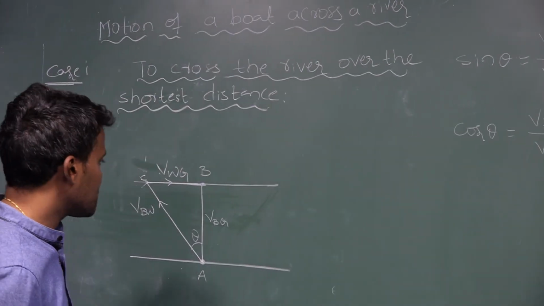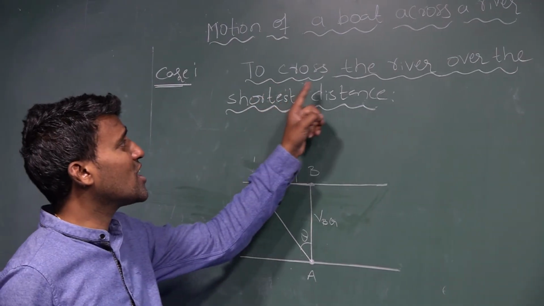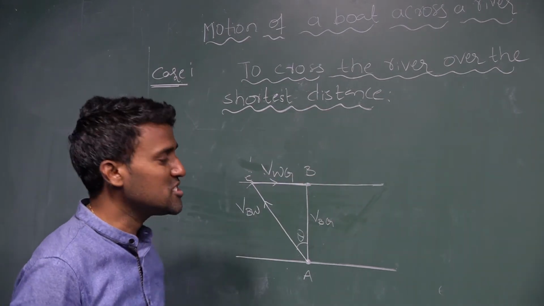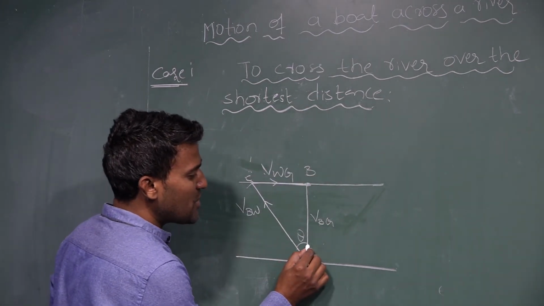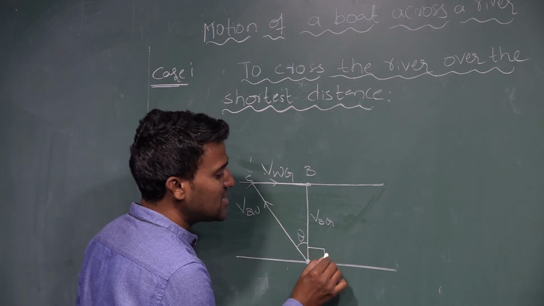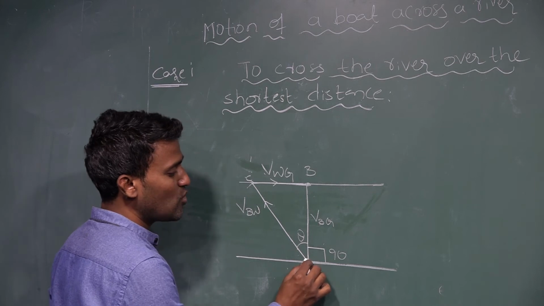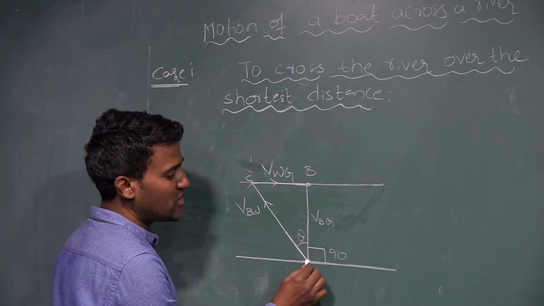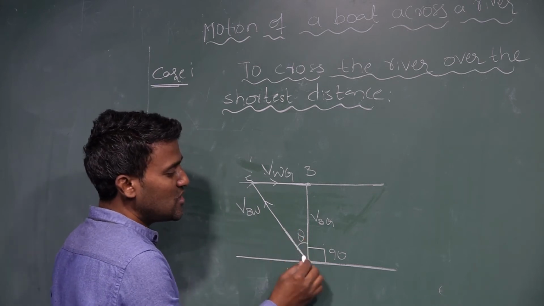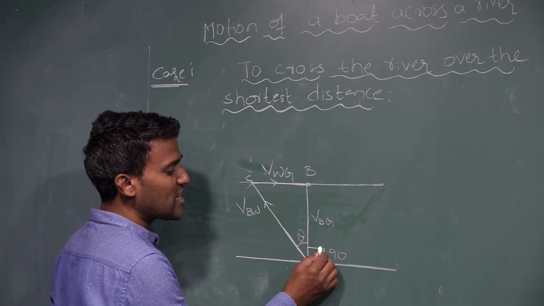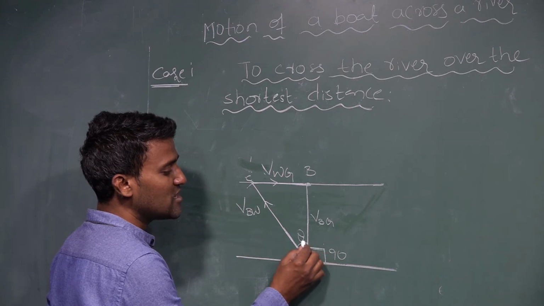Now in this situation, to cross the river over the shortest distance, this path is making an angle of 90 degrees. The boat is rowing along this direction. With this, the boat direction with this path is making an angle of 90 plus theta.